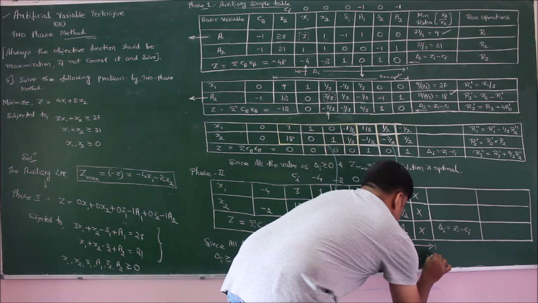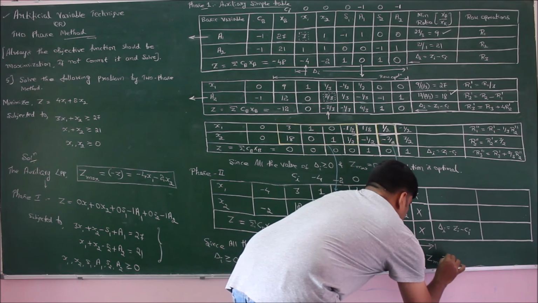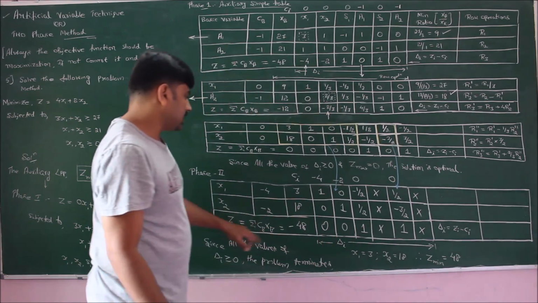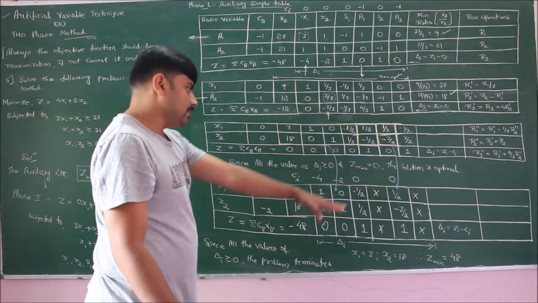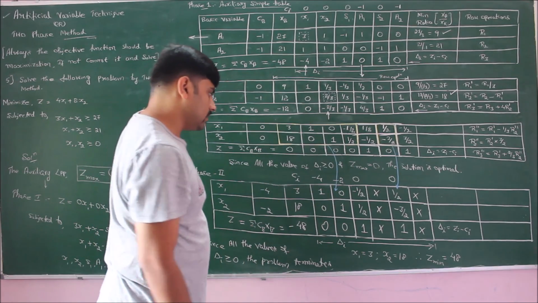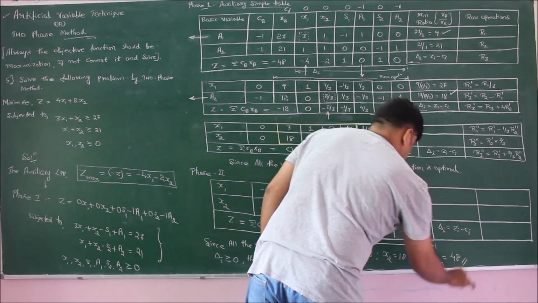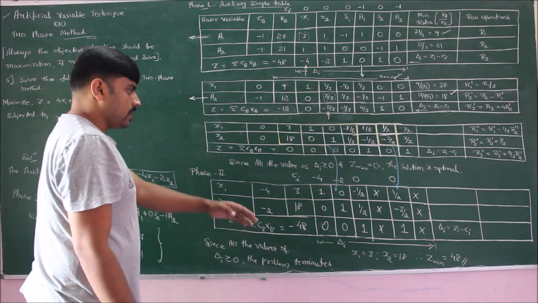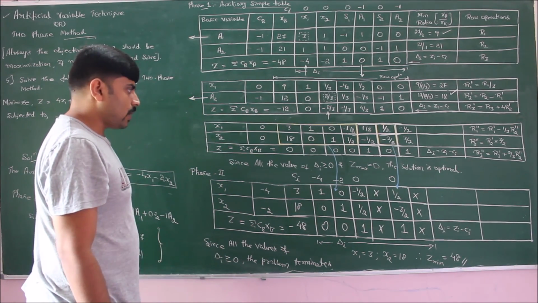So therefore, Z minimum is plus 48 because Z max is minus 48, Z minimum will become plus 48.